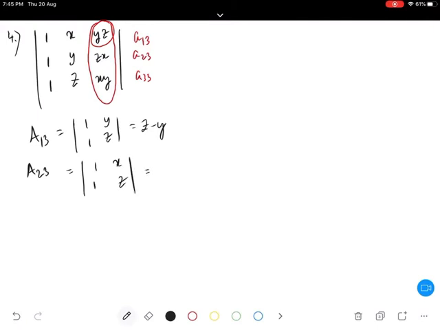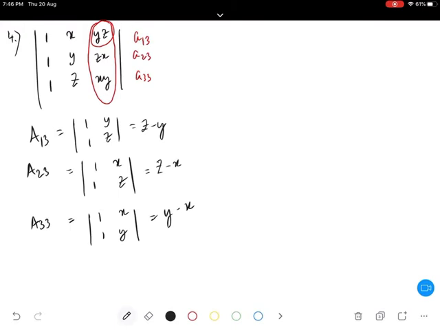And how much is that? Z minus x. And A33 is what? 1x, 1y. And that is y minus x. So let me check. Z minus y. Yeah, it's all correct.